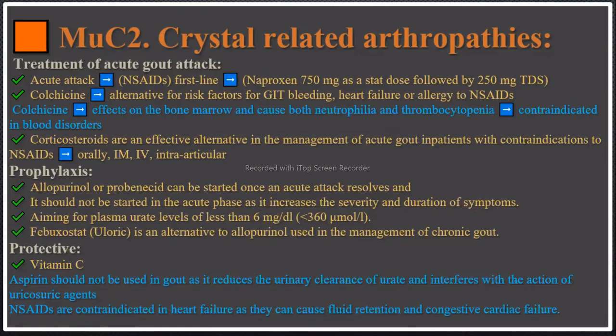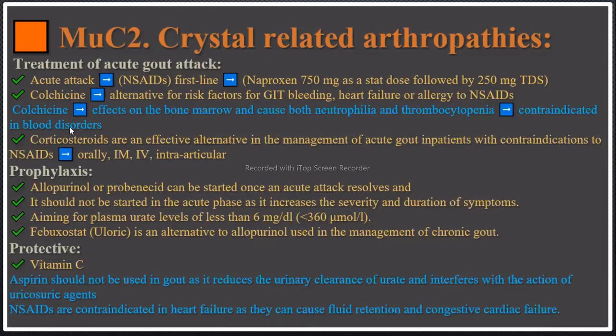Steroid. Yes. You will go back to non-steroidal or you will go for corticosteroid? Corticosteroid. So don't go back. Here, if you will give colchicine, it means the patient maybe has allergy, maybe has heart failure, maybe GI bleed. So don't go back to non-steroidal.